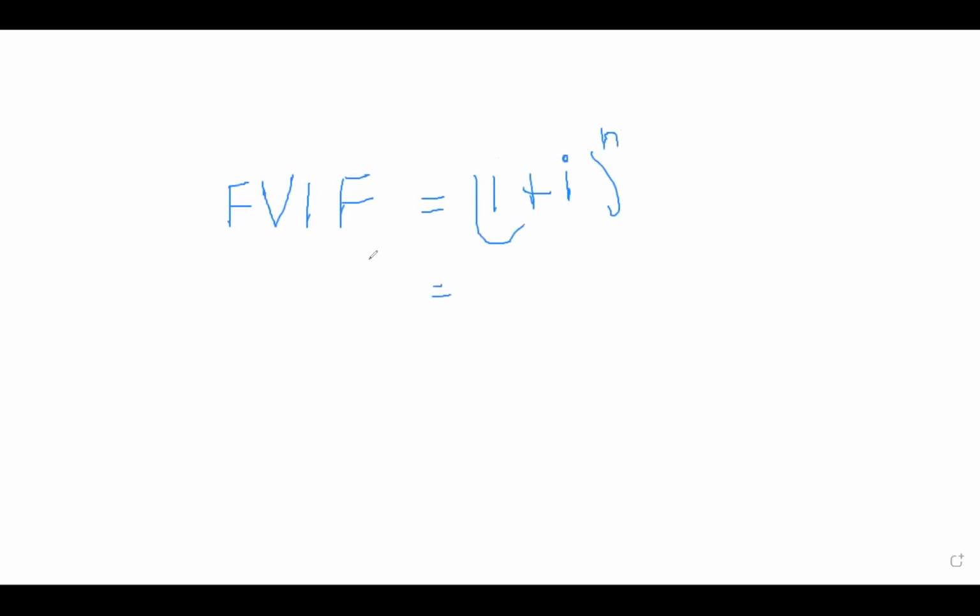If we solve it, the future value interest factor for 7%, comma, we need to write I and n.